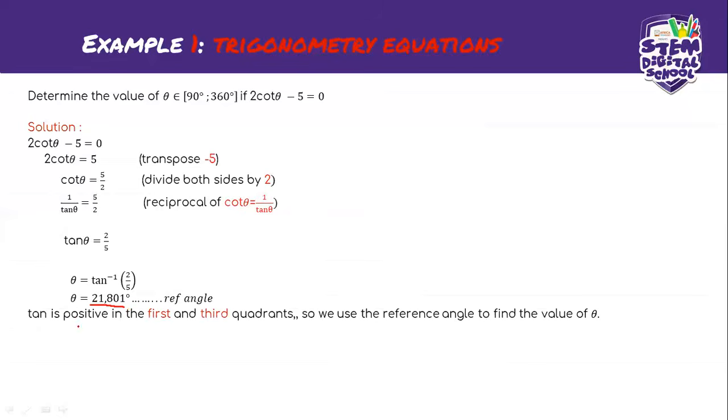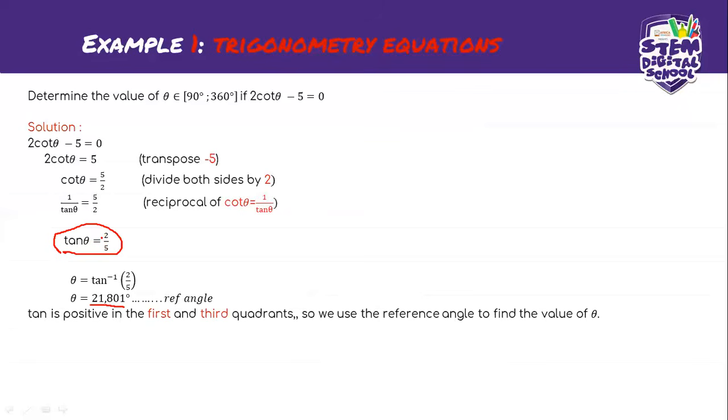They say tan is positive in the first and the third quadrant. So we use the reference angle to find the value of theta, right? How did we pick up that tan is positive in which quadrant? From here, we can see that tan theta equals positive what? 2 over 5.